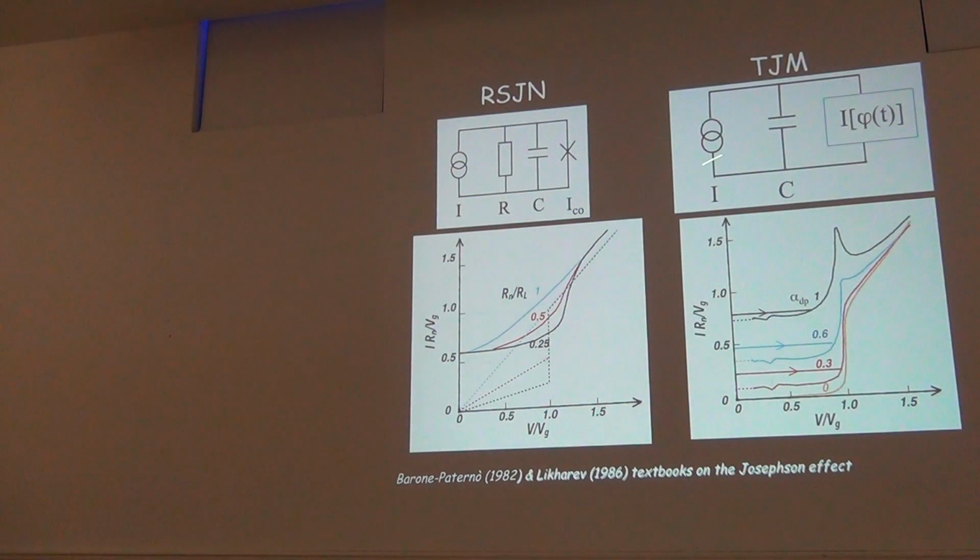To the point that the tunnel junction model has also been developed, where the resistance is replaced by another current-phase relation. And this gives all possible artifacts that you can observe in a real Josephson junction.